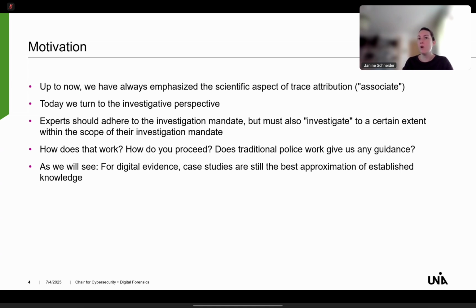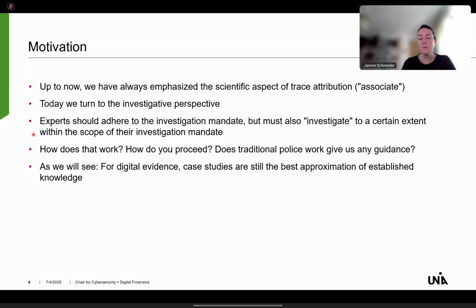We get investigative orders, which we already talked about, where we have to answer specific questions. So to some extent, we have to investigate, but we are in general not investigators, but scientists. But today we are investigators. And I have to use my mouse pad today because my mouse went empty. That's a little annoying. But never mind.